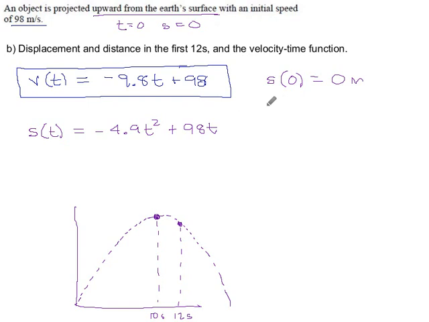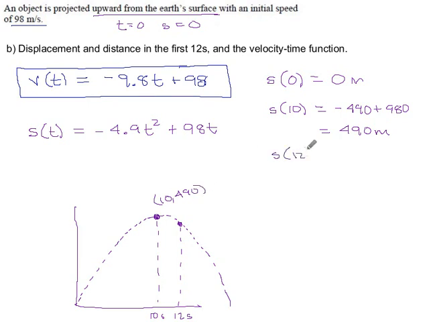That was easy. If we're at 10 seconds, 10 squared is 100 times minus 4.9 is minus 490 plus 98 times 10 is 980. We're at 490 meters above the ground right here. This is 10 comma 490.